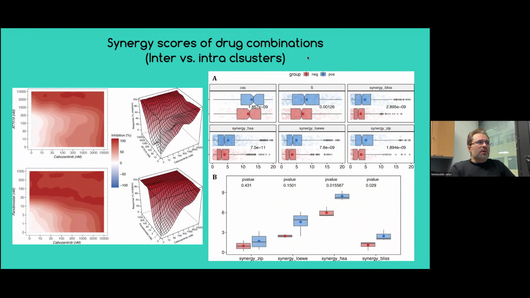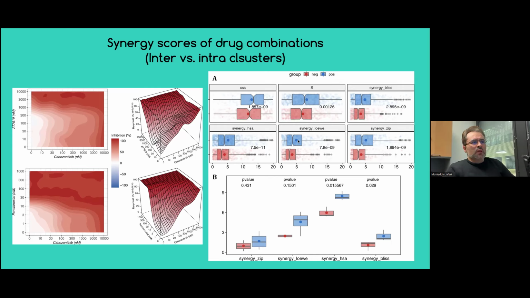After that, we tested the inter-cluster combination. The idea behind it is that if we use different drugs from different clusters, then we can target different pathways, so it would be better to combine drugs from different clusters.